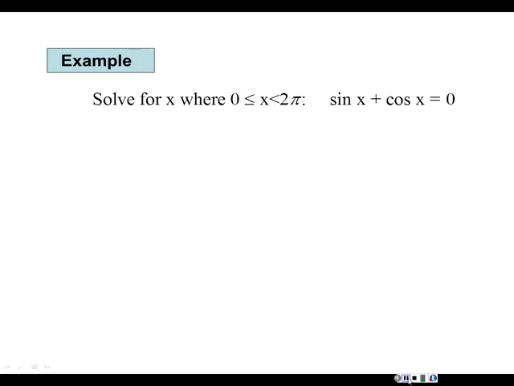Now remember, the period of the tangent is pi. So after every pi, all the values of tangent will be repeated. Now let me show you a simple trick that you can apply in such cases.